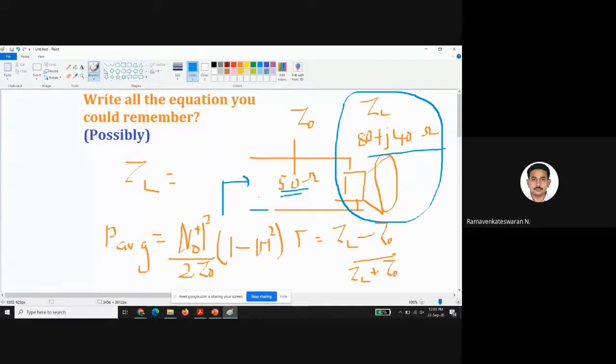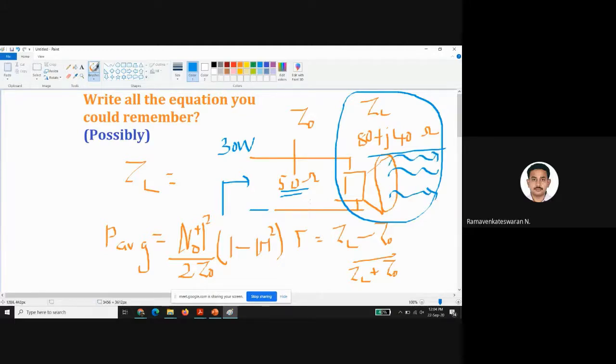Okay, this is actually a different scenario. Probably we could take this as a TV broadcasting station giving 30 watts of power. They connected a 50 ohm cable to the dish antenna, so it is going to transmit to space wirelessly.